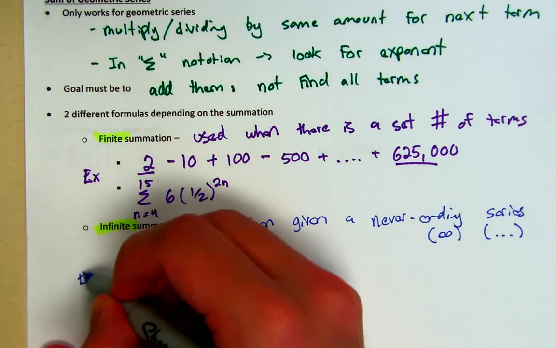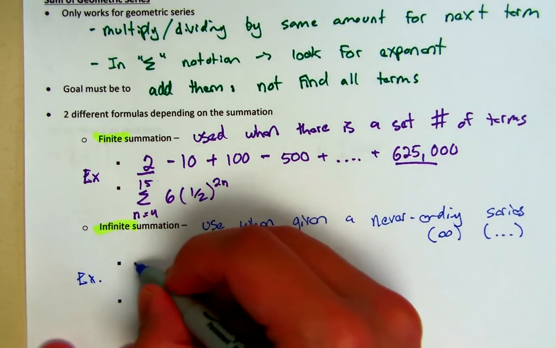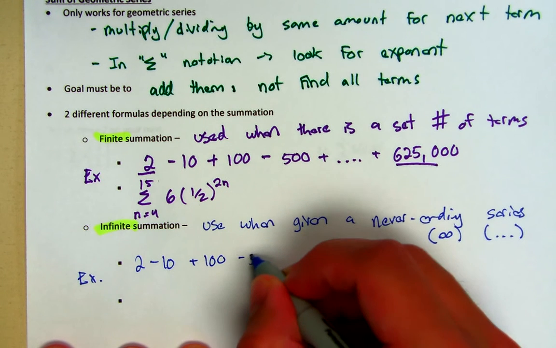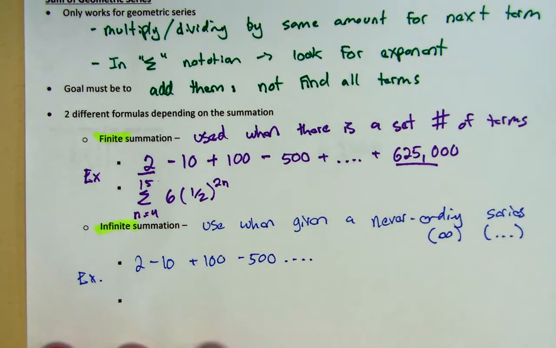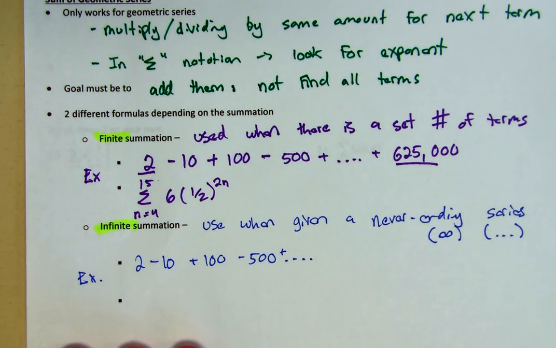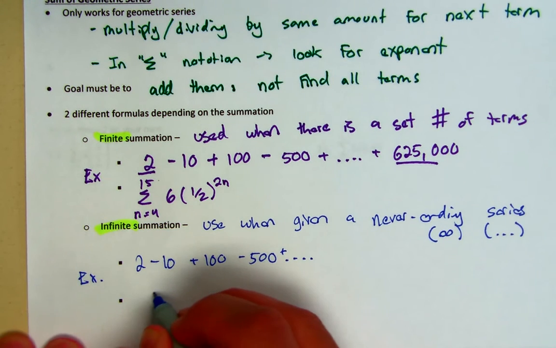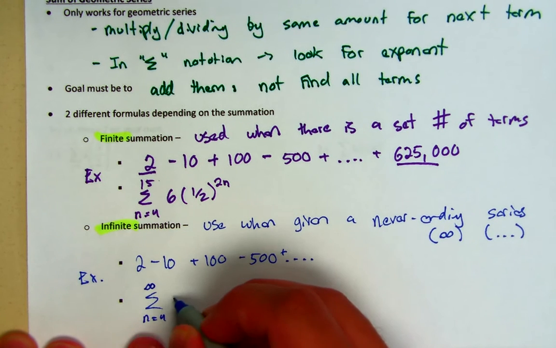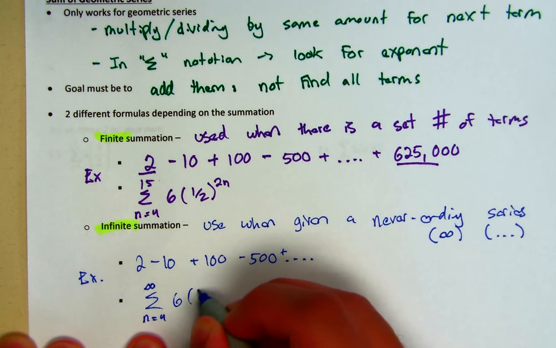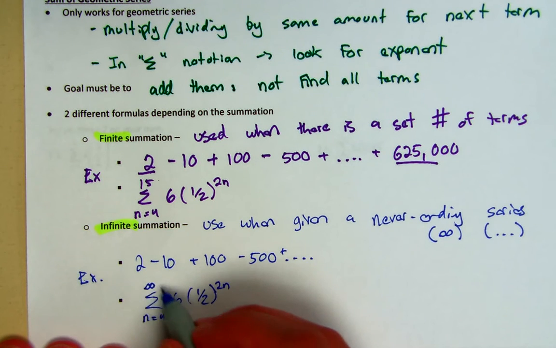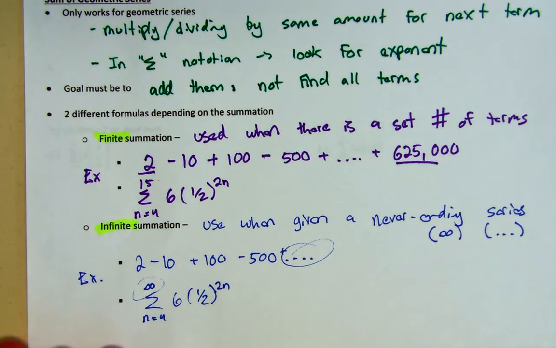So, for example, 2 minus 10 plus 100 minus 500 and so on. So notice I didn't have an end term here. They're the same kind of series, but I didn't end. Or n equals 4 to infinity of 6 times 1/2 to the 2n. So again, notice we're looking for that infinity or those dots there.